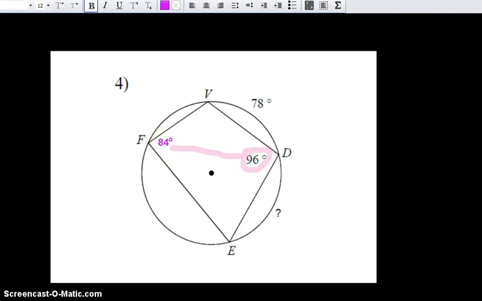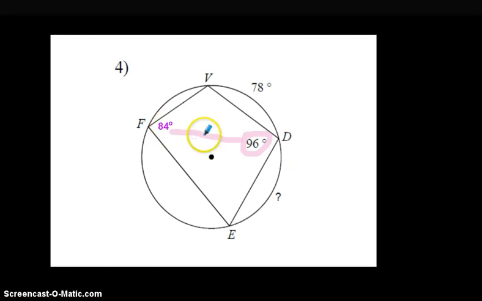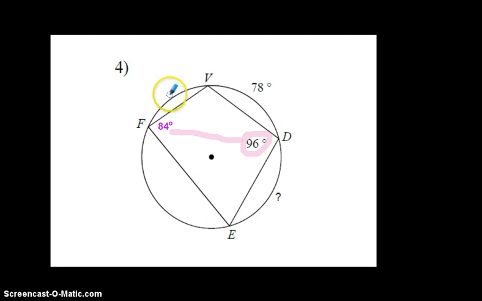Okay, well, that angle looks like this. It has its vertex at F, which is on the circle, so it's an inscribed angle. One side goes out here, and one side goes out here. And I'm going to pause for a second. Okay, so back to my blue angle.